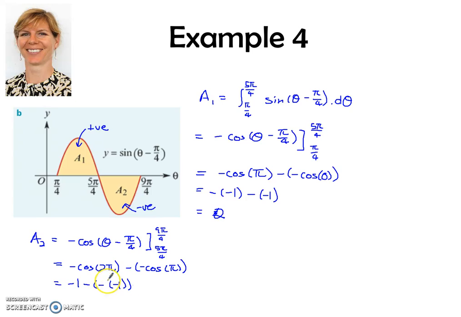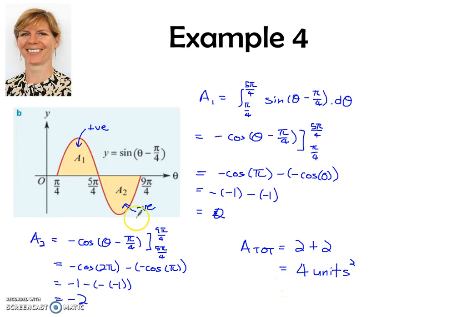So lots and lots of negatives, and of course what you end up with is negative 2, which we expect because this is negative. So the total area is going to be 2 from A1, and then plus 2 from A2, taking the absolute value, and then it also turns out to be 4 units squared.